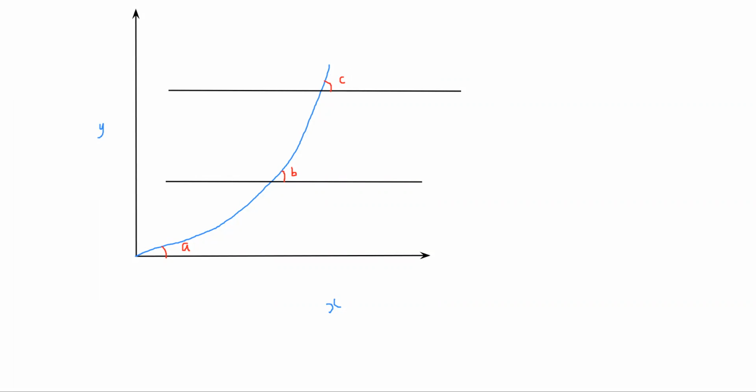It means the slope is increasing. So for a graph which the angle is increasing, it means the slope is increasing.